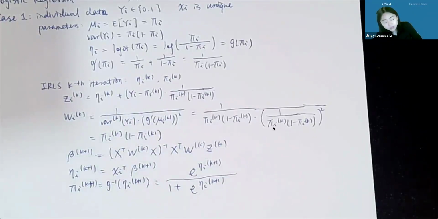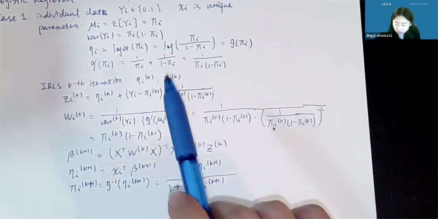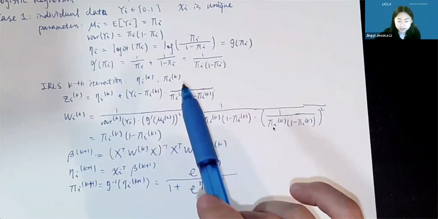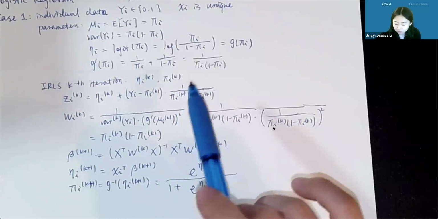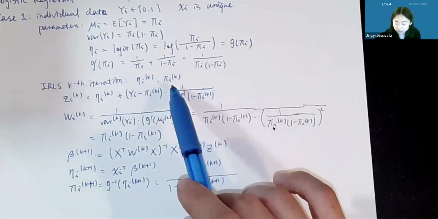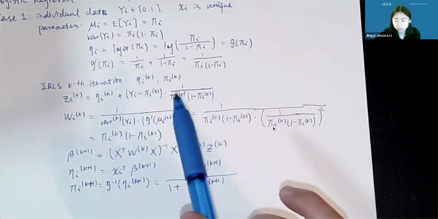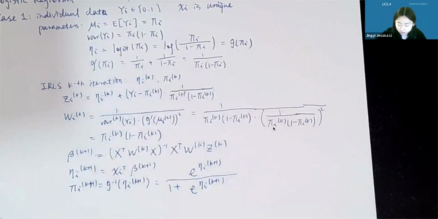So a common suggestion is that if your y_i is 0, then you initialize pi_i by some value small, but not exactly 0, maybe 0.1. If your y_i is 1, then you initialize pi_i as a value close to 1, but not exactly 1, maybe 0.9. Okay, any questions before we continue with the group data?